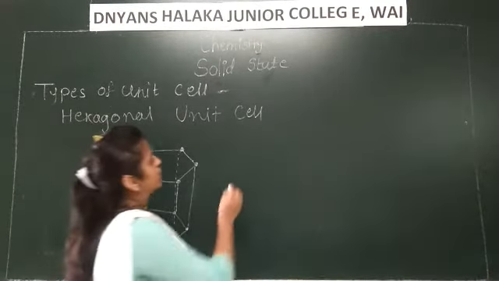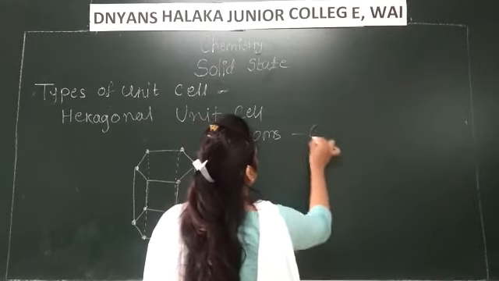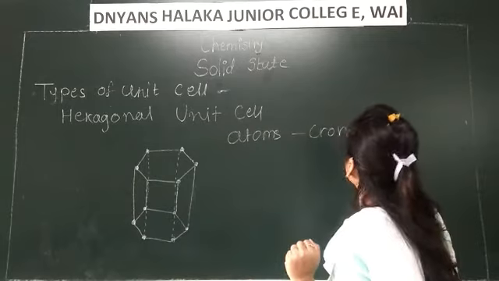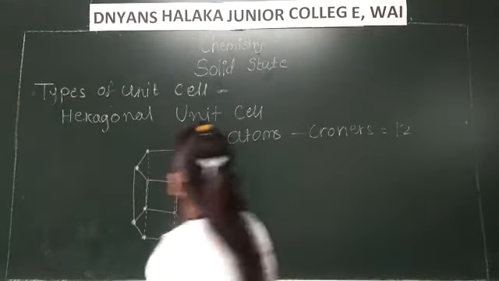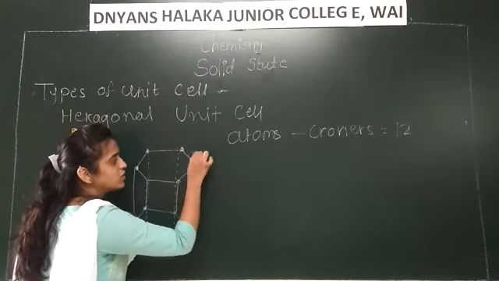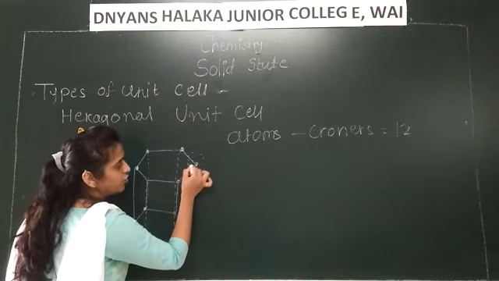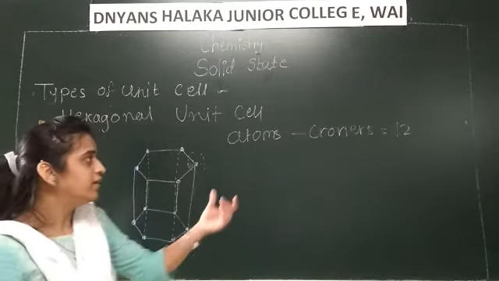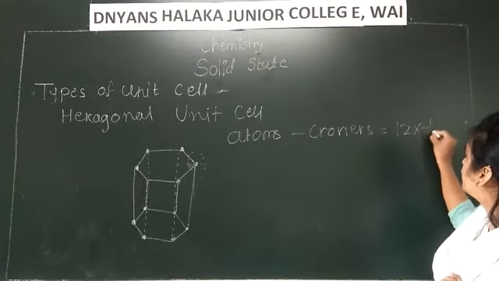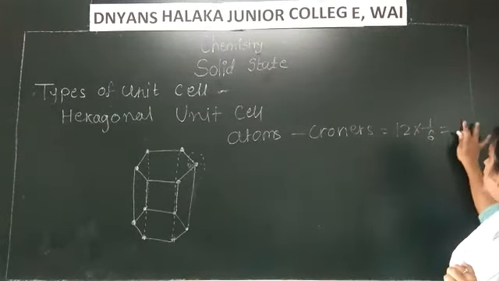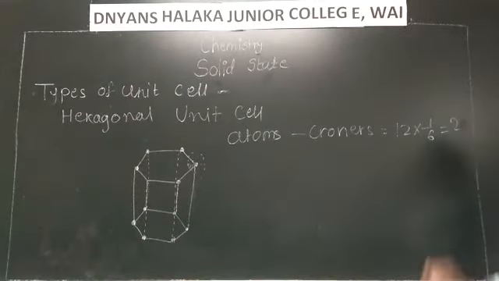So total atoms in corners are 12, and the sphere is like this. We consider it as a ball, but only the shaded part is included in this hexagonal. So 12 into 1 by 6. So total atoms at corner: 12 into 1 upon 6 is equal to 2 atoms.